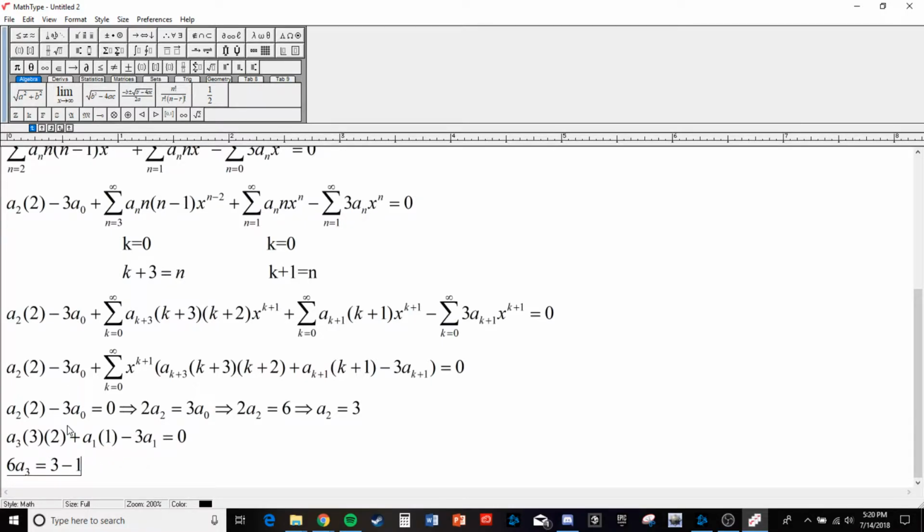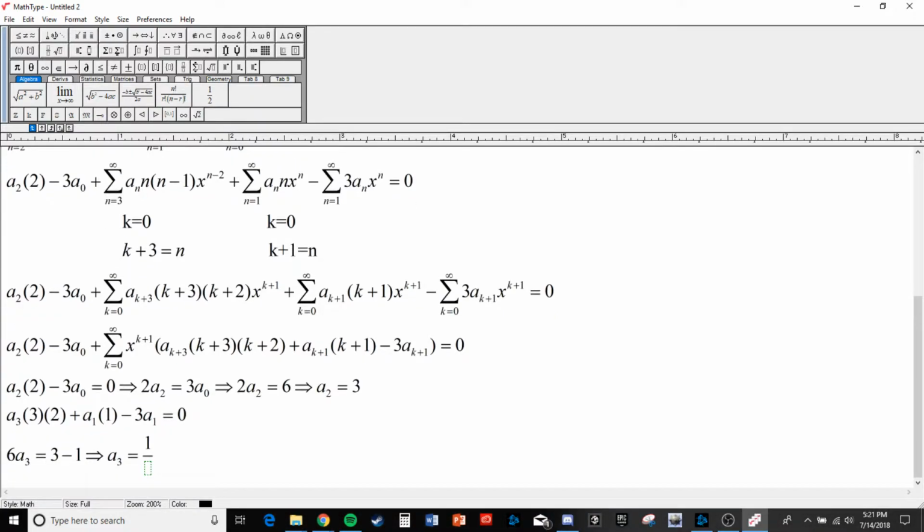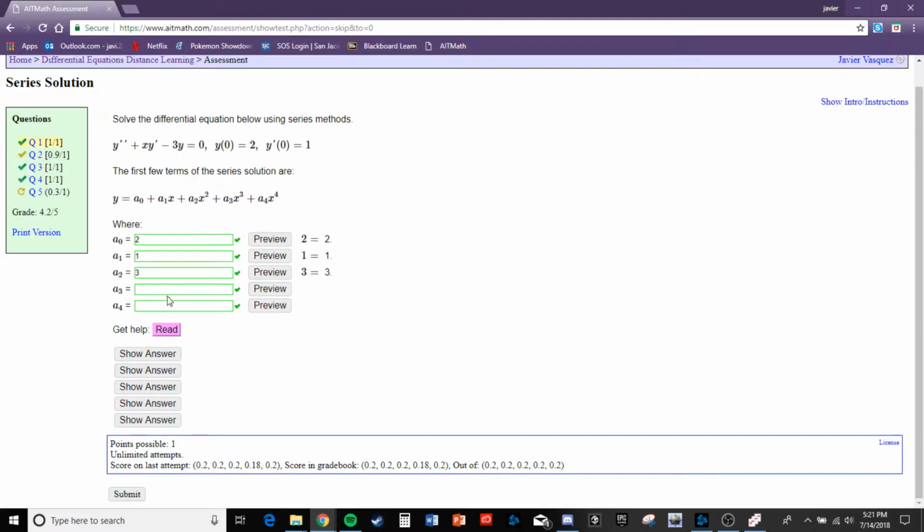Okay. Once we do some subtracting and dividing, we're going to see that our next answer is going to be a sub 3 equals 1 over 3. Alright, let's type that in.